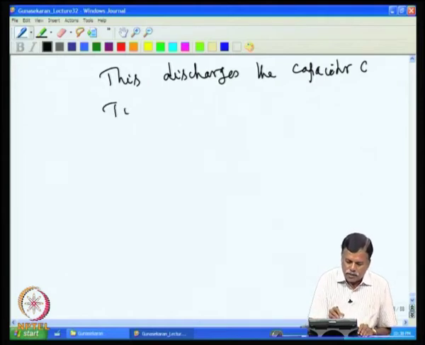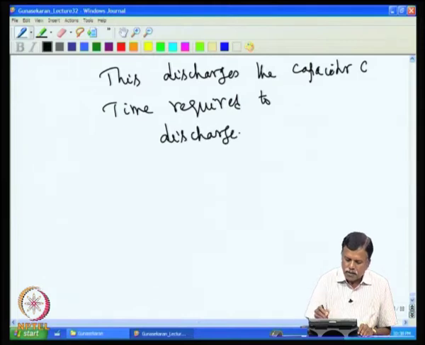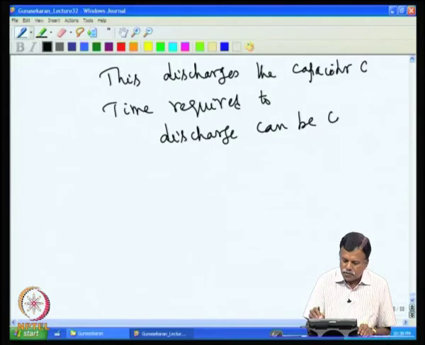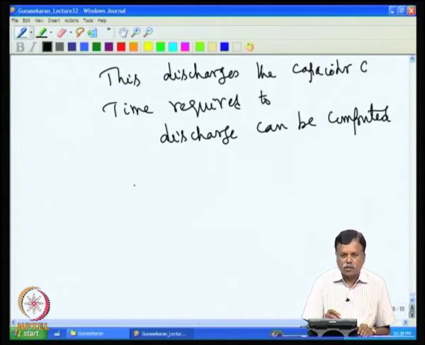Time required to discharge can be computed, because the total charge discharged can be computed. This can be done by equating the total quantum of charge that went in.